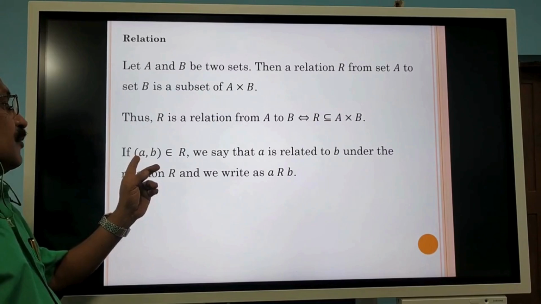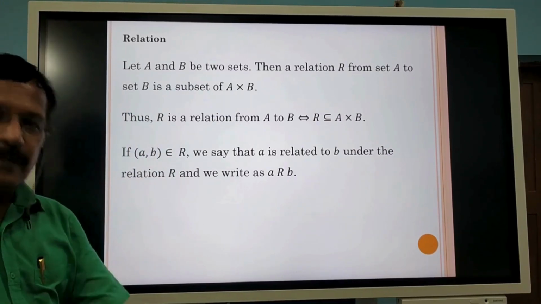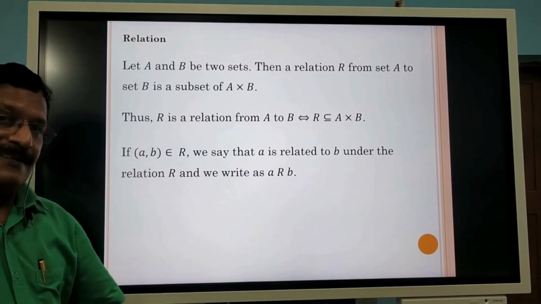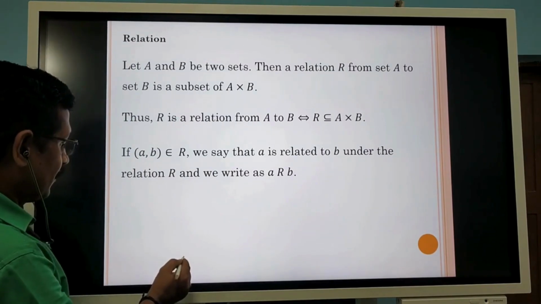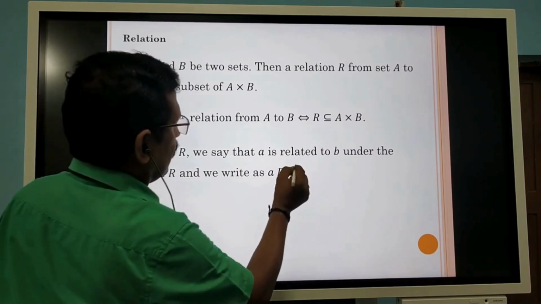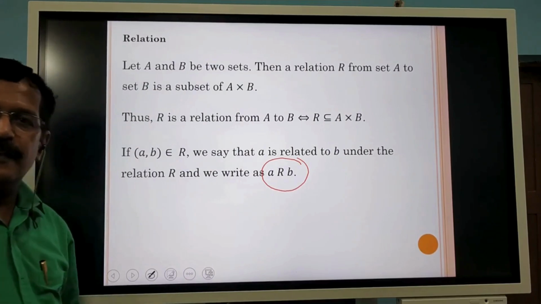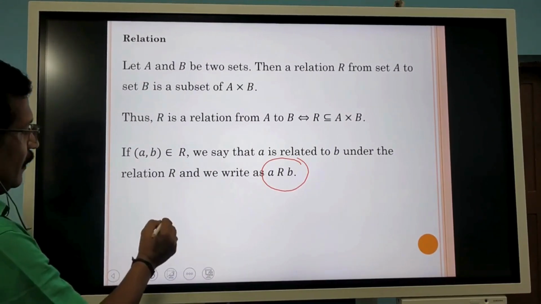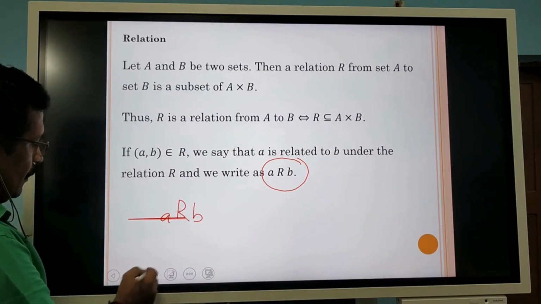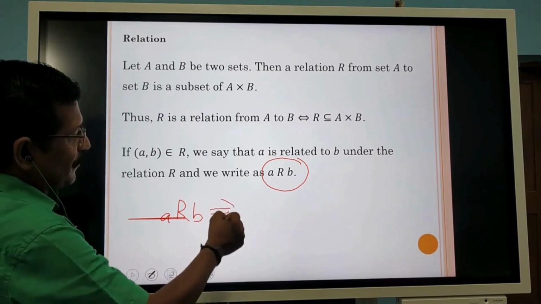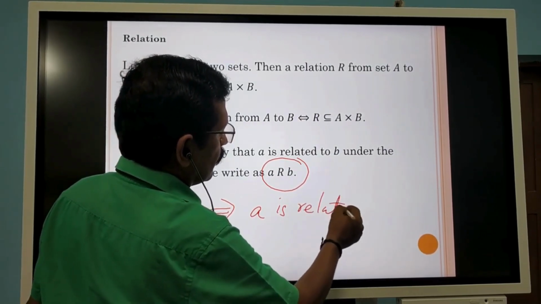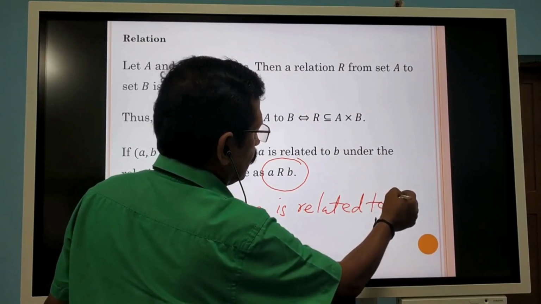Suppose ordered pair (a, b) is an element of R. It means that a is related to b under the relation R. Then we can write this as aRb. aRb implies a is related to b.